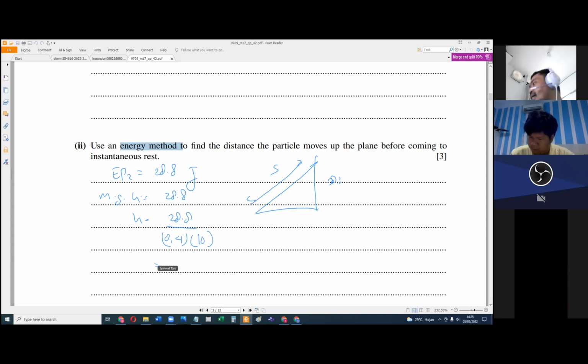I forgot to put the h and g here. 28.8 divided by 4 is 7.2 meters. The h is 7.2. And then from the h, we find s. The distance is 7.2 over the sine of 30, so it's 14.4 meters.